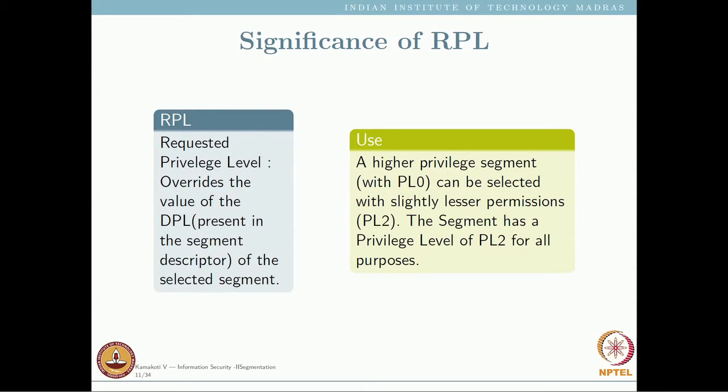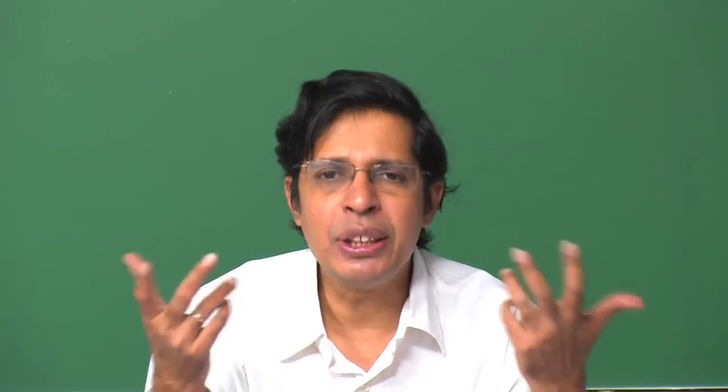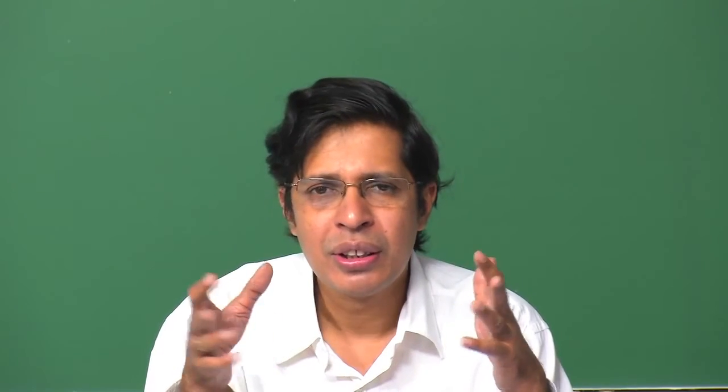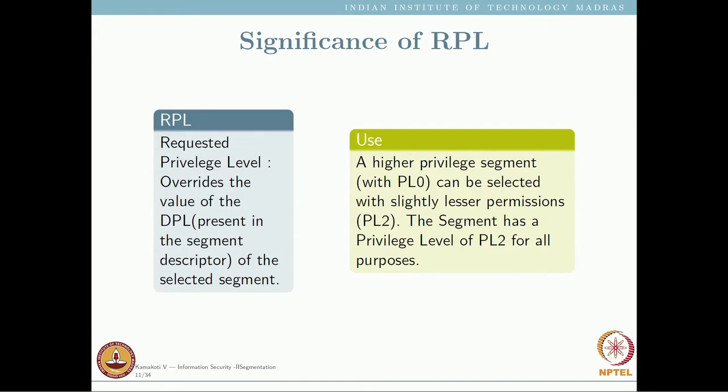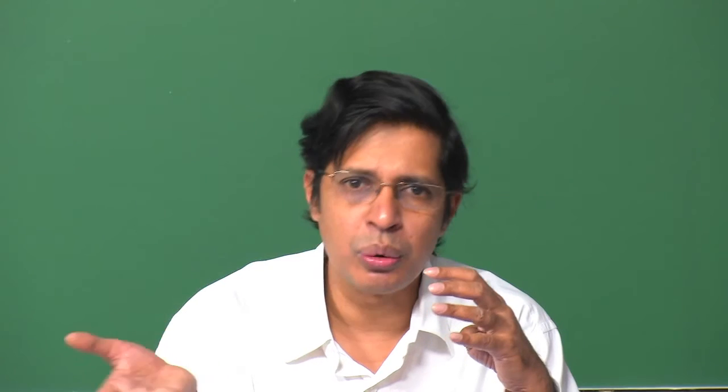By using this requested privilege level, I can weaken my privilege. So it actually overrides your DPL. You take the maximum of what is given in the DPL and RPL, and so this can be used to execute some higher privilege, that means numerically lower privilege code, with a numerically higher privilege level. The RPL is used when the code is requesting to load the selector.